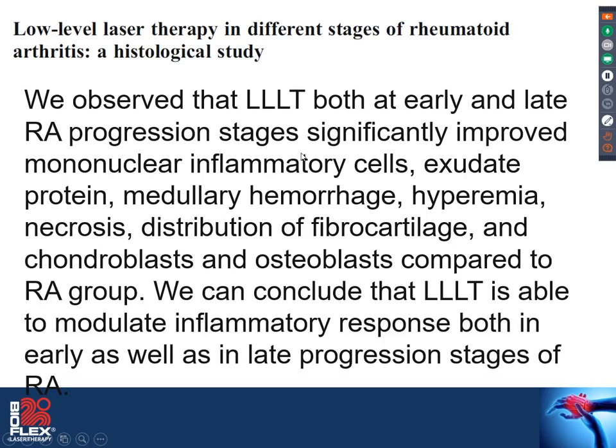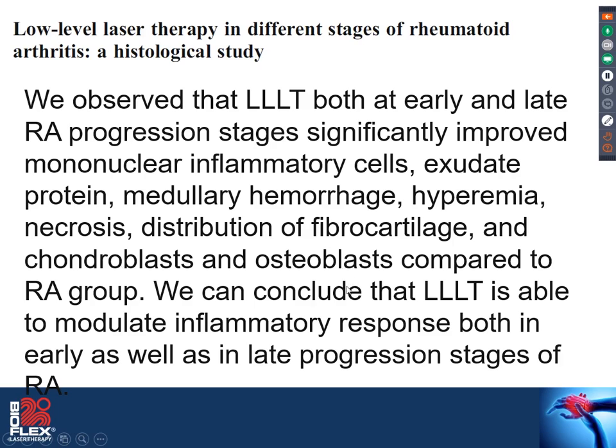So they observed that laser therapy in both early and late progression significantly improved the white blood cell inflammatory cell count, the exudate protein, hemorrhaging, hyperemia, necrosis, distribution of fibrocartilage, all these things that you would associate with RA. They were all decreased, and quite significantly.